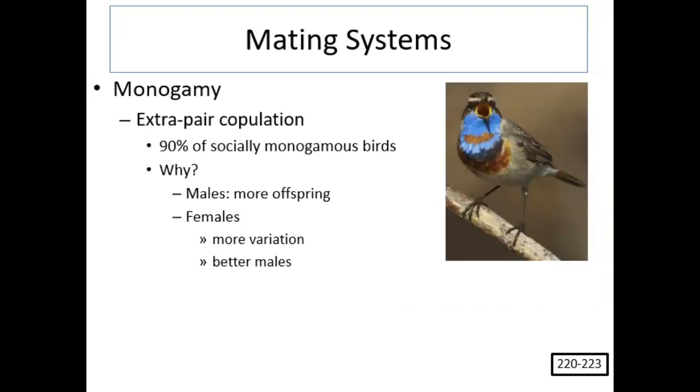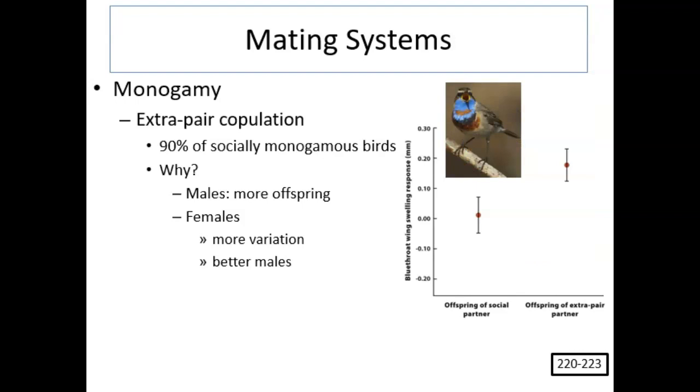This is a bird called a bluethroat. In the case of the bluethroats, they did a study looking specifically at immune response. Immune response is obviously going to be important for fitness, to be able to survive things like infection. And here's what they found.